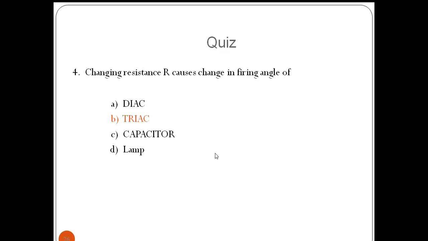When the triac conducts, it is connected to the load. Diac conduction is according to the RC circuit, and the firing angle depends on the triac conduction. The changing resistance is according to the intensity of voltage required. For that, we choose the value of resistance R.